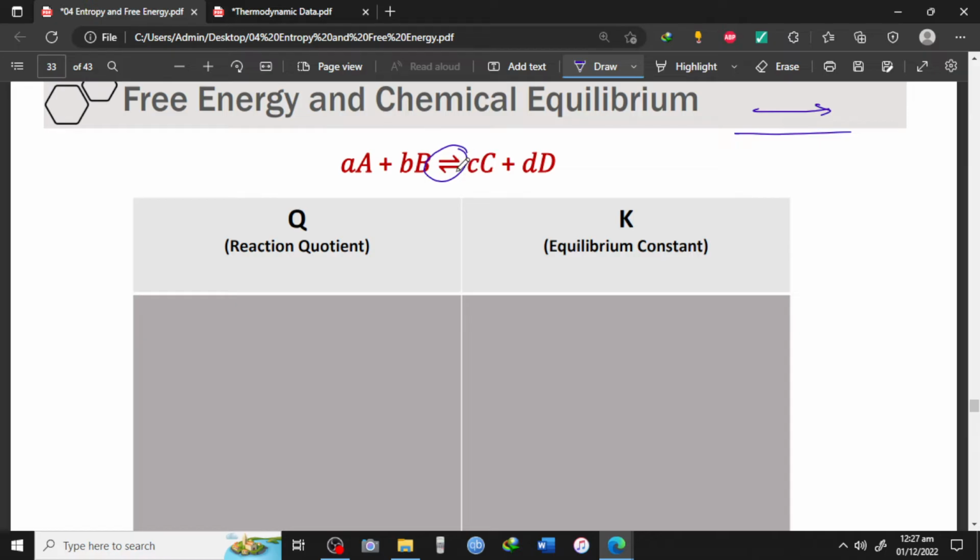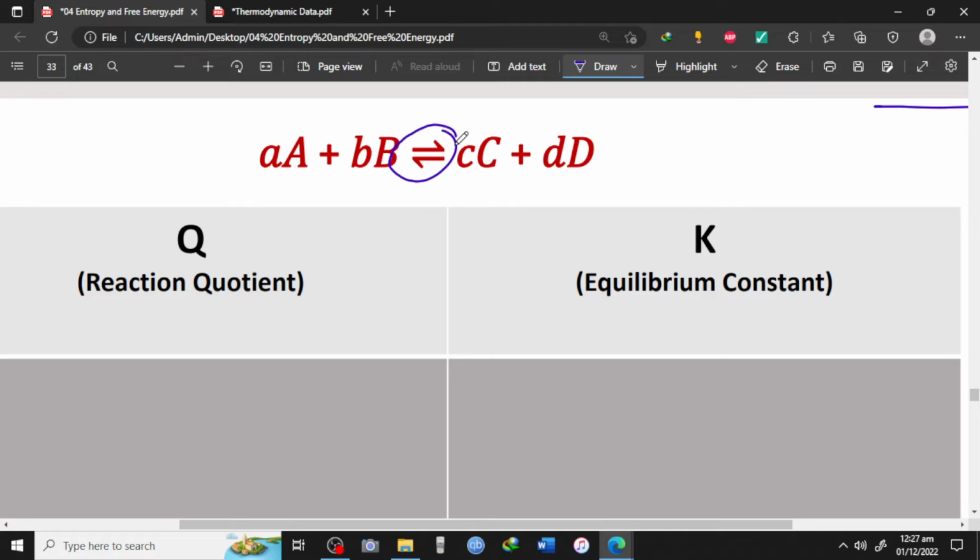So, mapapansin niyo, students, itong arrow na to, nakaturo siya both papunta sa product and nakaturo din siya papunta sa reactant. So, ngayon, students, ano yung meaning pag ganun yung reaction arrow natin? Or in chemistry nga, tinatawag natin tong equilibrium arrow.